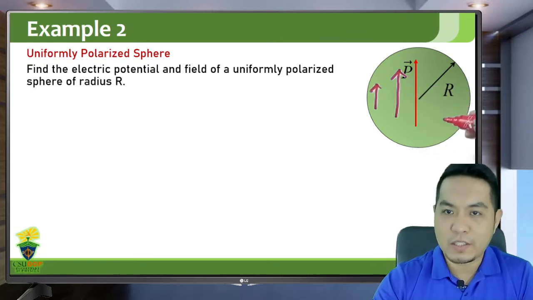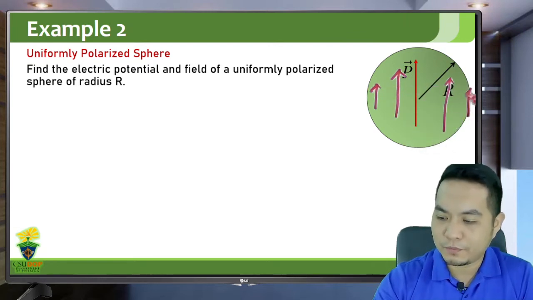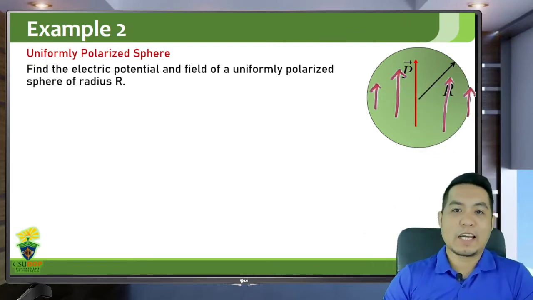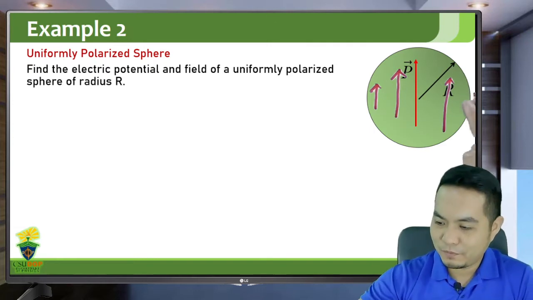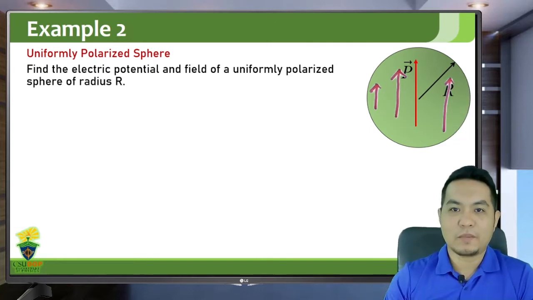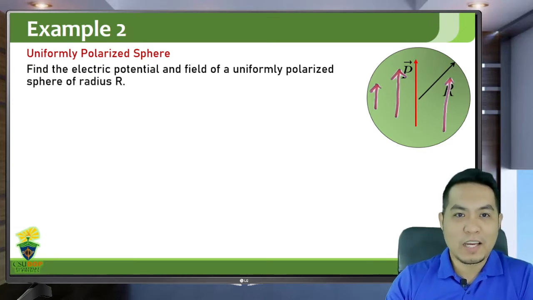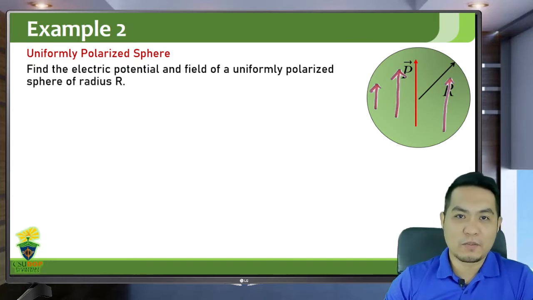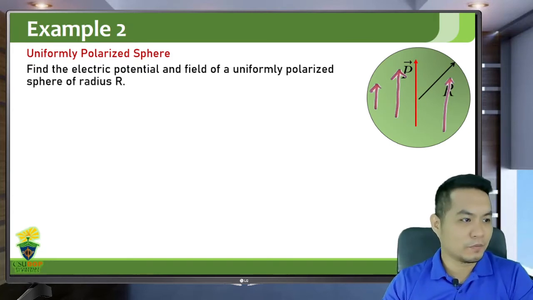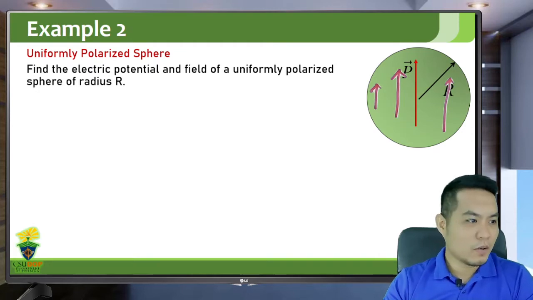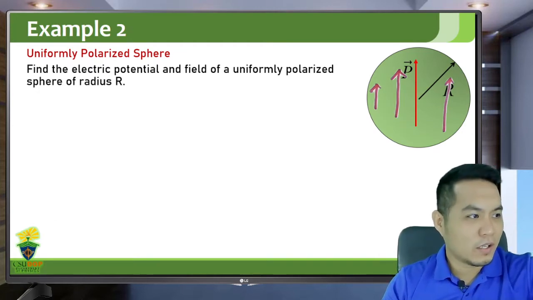So these are the directions of the polarization inside the sphere. You are then asked to find the electric potential and the field of a uniformly polarized sphere of radius R. Okay, so how do we do this?